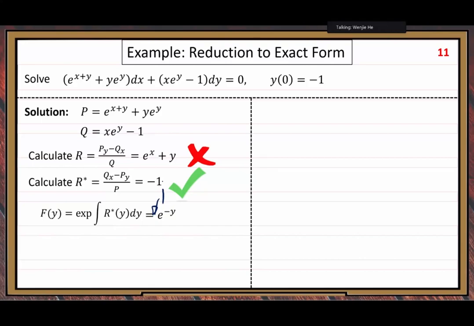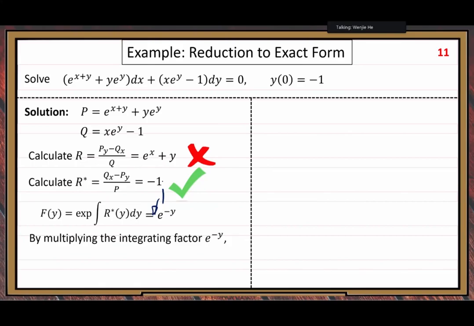So we don't need to include a constant. The constant is for the general solution, where you want to cover all possible cases. Here, we don't want to cover all possible cases. We only take one special case, and that's enough. So that's why no constant.